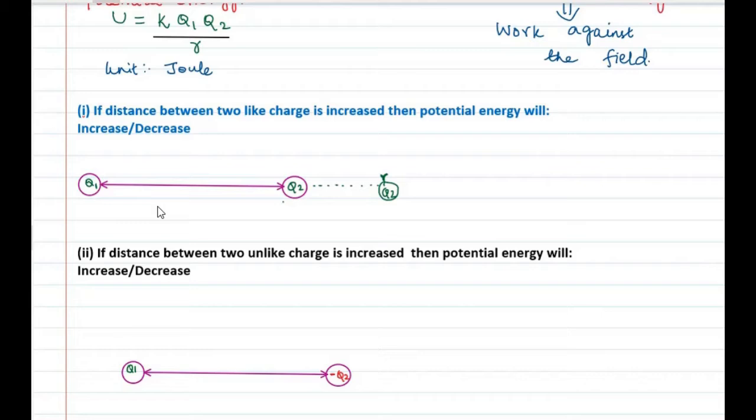Now we are doing the action in favor of the electric field. We are doing the work in favor of the field, not against the field. When we are doing the work in favor of the field, then the potential energy will decrease. So the potential energy of Q2 will decrease.